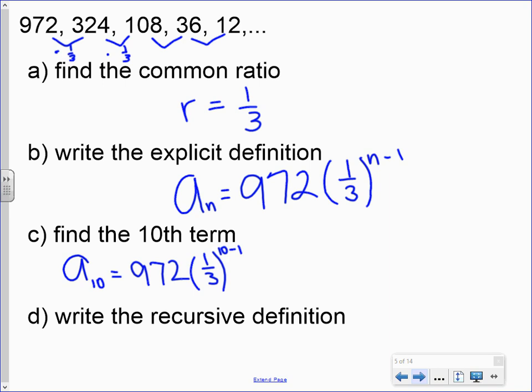So in your calculator, you need to put 972 multiplied by 1/3 raised to the 9th power. What do we get? Make it a fraction. 4/81.